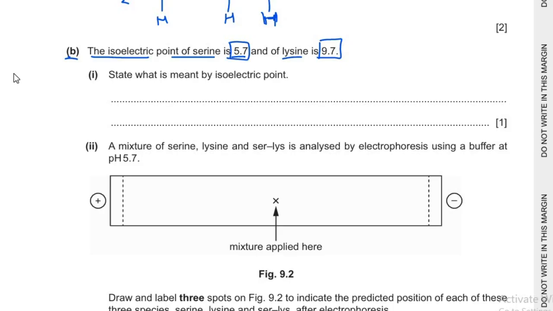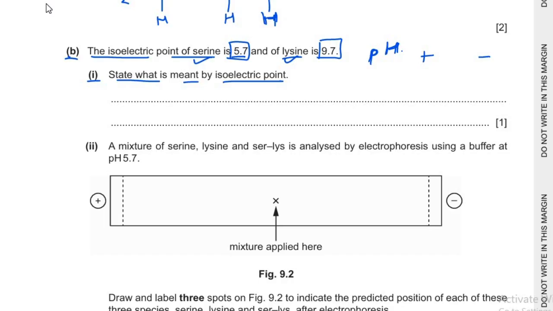Understand what an isoelectric point is. Here the question is, state what is meant by the isoelectric point. So let's understand this and also write its definition: it is the pH at which the given amino acid has no charge, that is, no net charge. That is, if it has one positive charge, there should be one negative charge on the amino acid, so as to make it overall neutral.